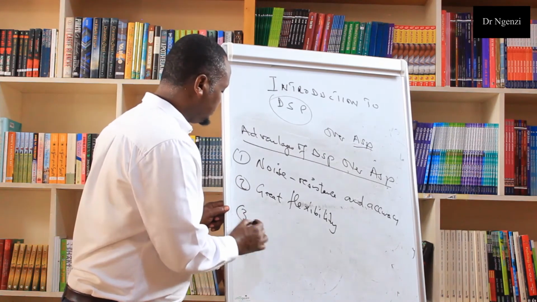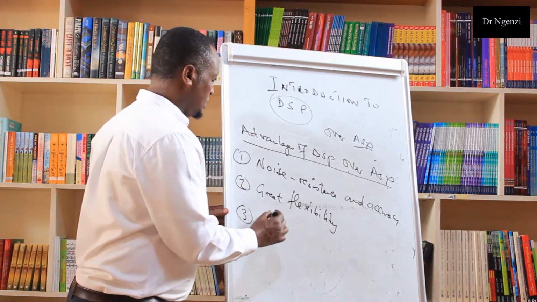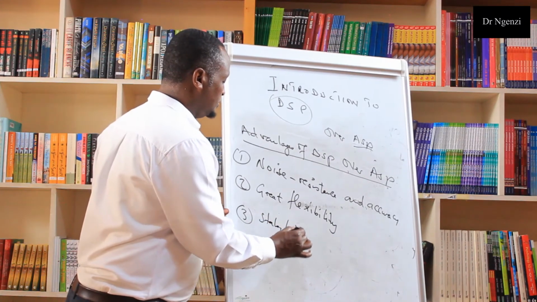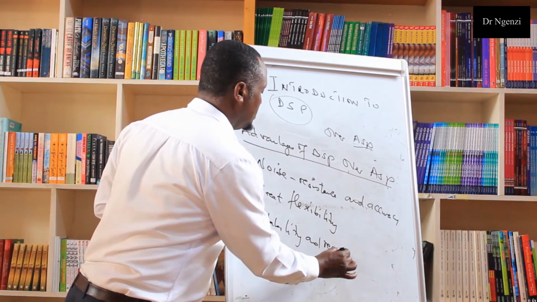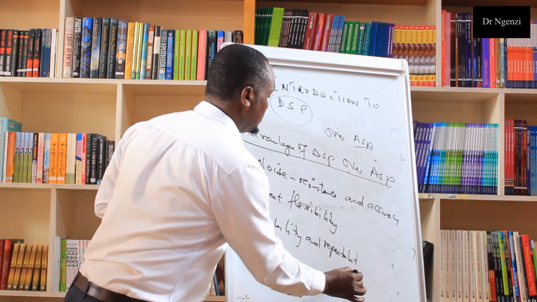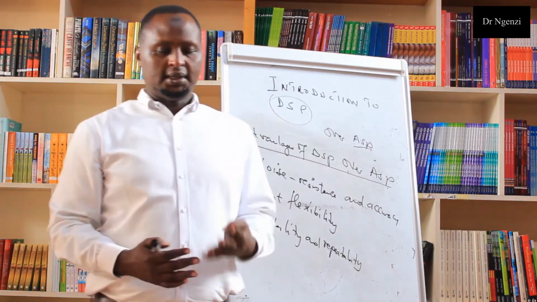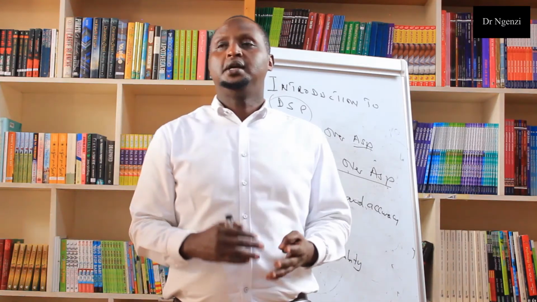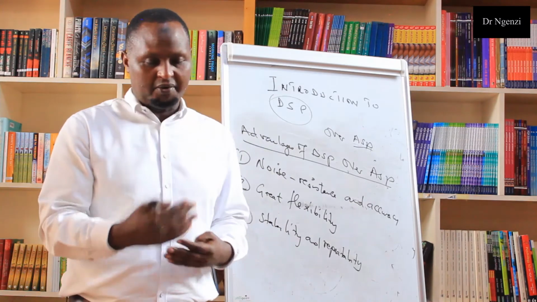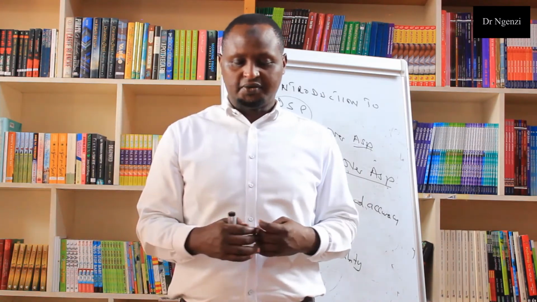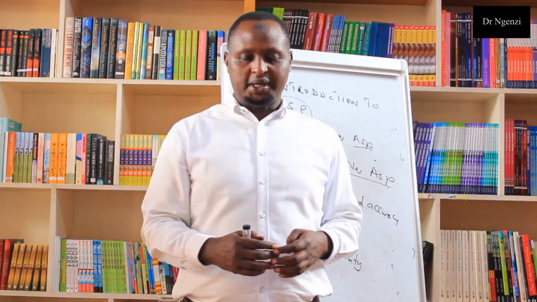Number three, we talked about stability and repeatability. In this sense, it can be easily duplicated, or multiplied into a number of independent signals. For example, temperature, aging, and any other external parameters can be connected.